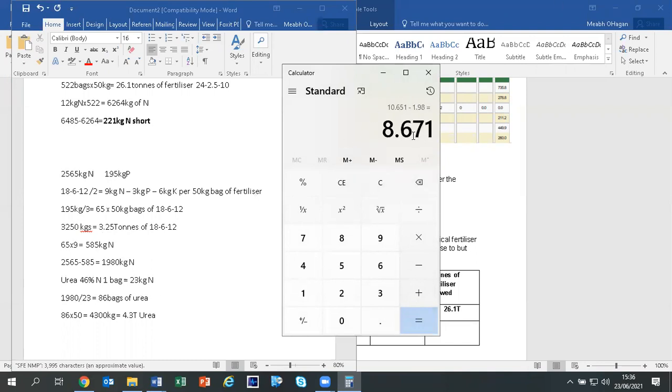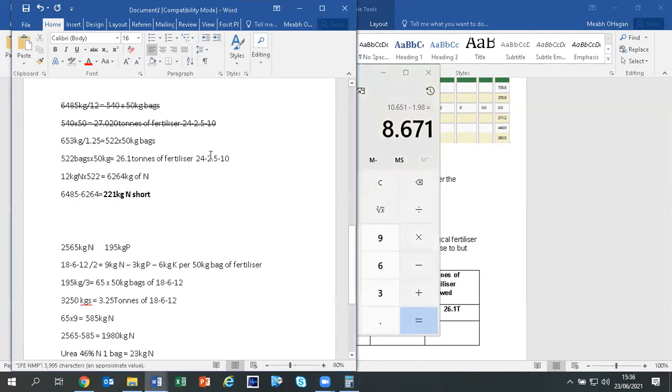So we now have 8.6 tons of nitrogen remaining before we hit our limits. And you can do the exact same then for the phosphorus as well.